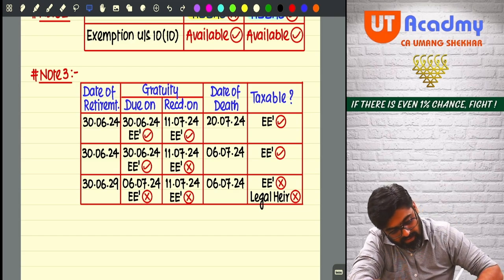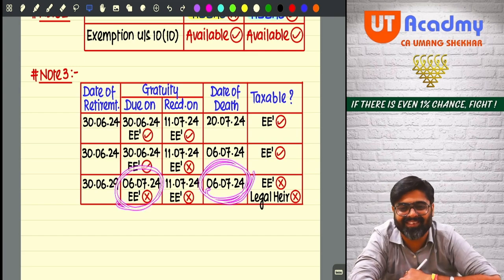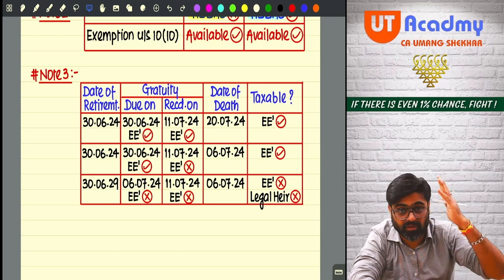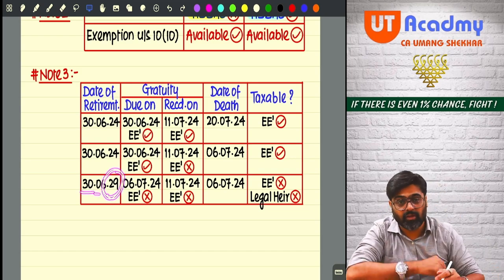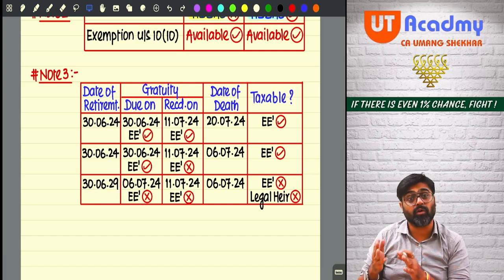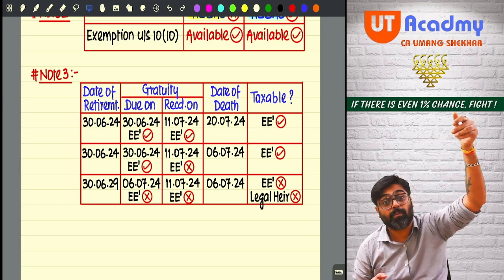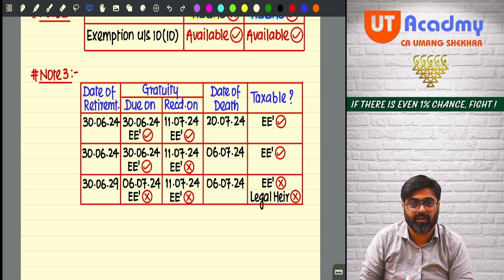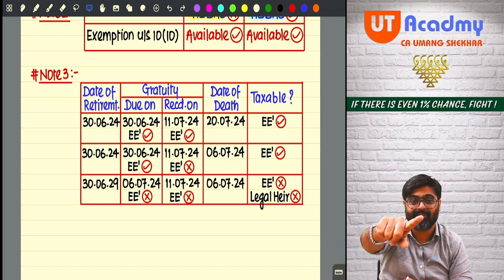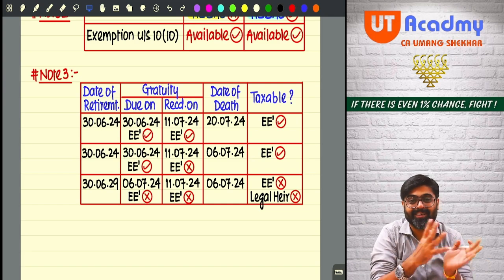Gratuity becomes due on death. Because his retirement date was 30th June 2029. He is not going to get retired in this year. He was supposed to get retired on 30th June 2029. But prior to that, in the current year, he died on 6th July. So this gratuity becomes due on his retirement or death, whichever happens earlier.